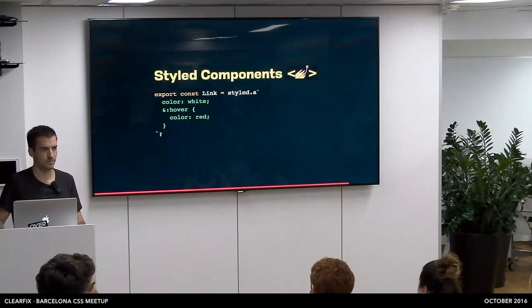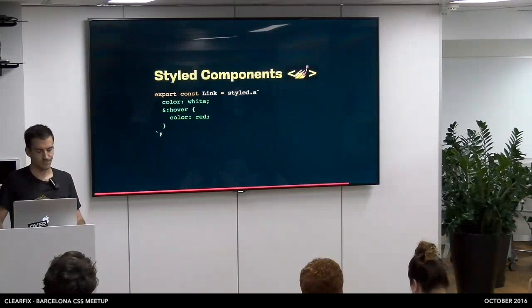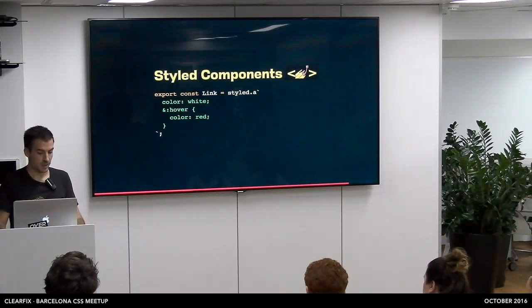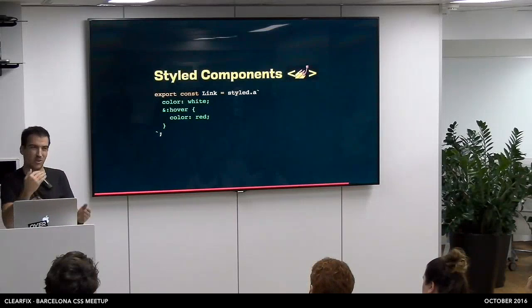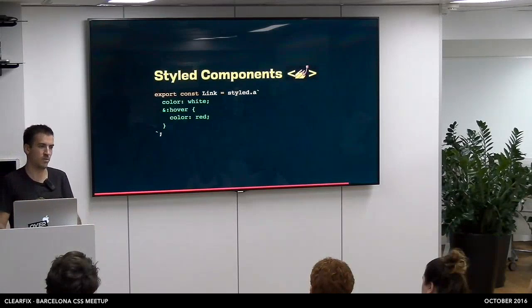If I'm accessing that function from the props, where can I get it from, if I'm passing it from the parent, for example? Well, you actually have it in the contents of the function. So you can access it via link dot the name of the prop. It's just like that.